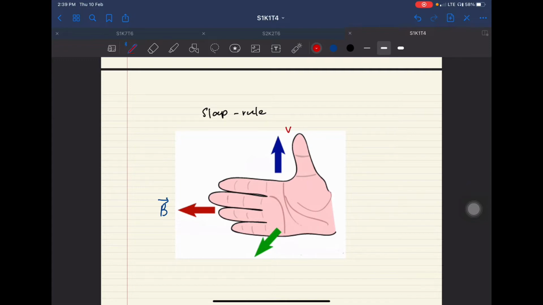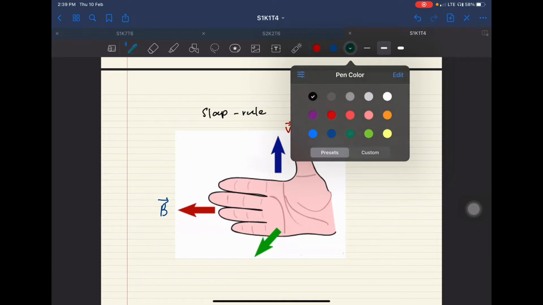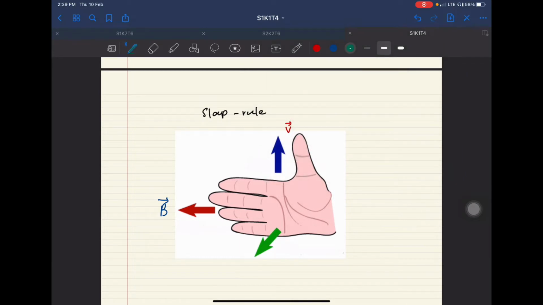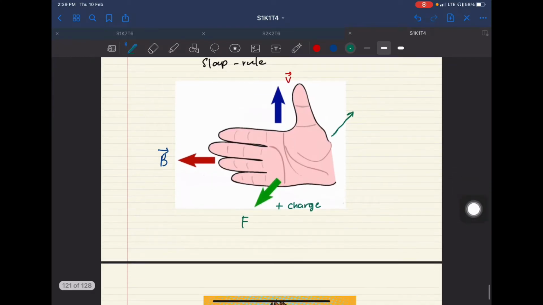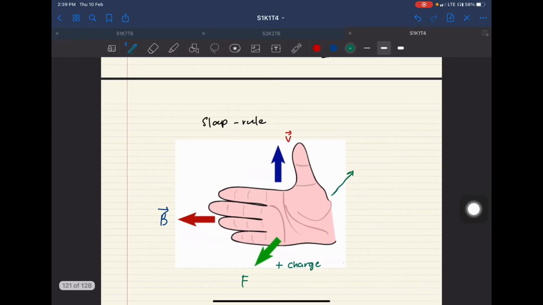This would be your V. And the force experienced is in this direction if it is positive, and if it is negative, it will be in the opposite direction. So basically a back slap. So that's for a negative charge.